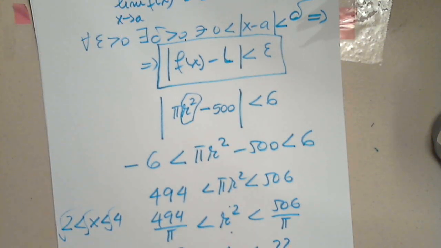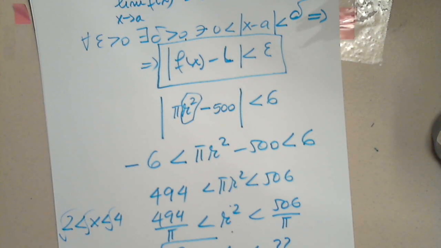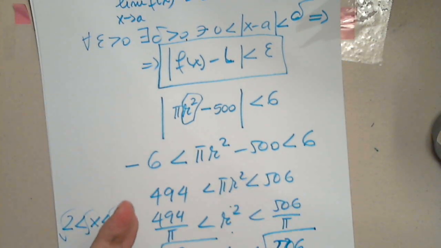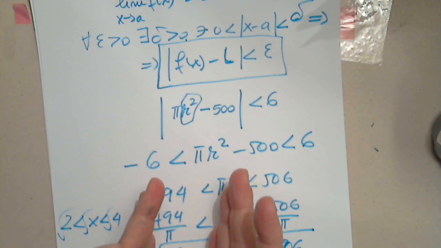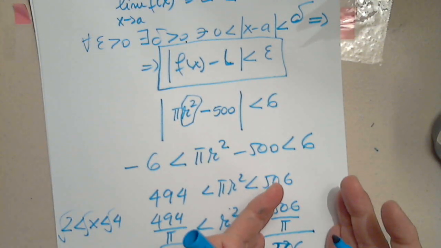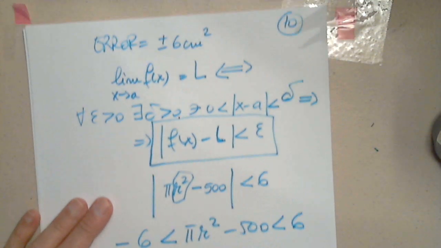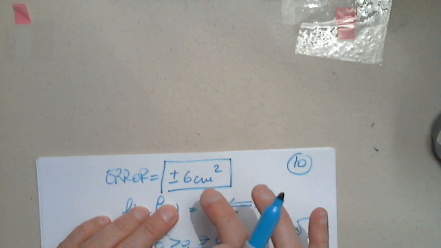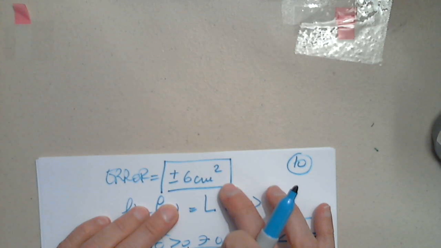So this side will be the square root of 494 over pi, and this one will be the square root of 506 over pi. This will be the smallest radius that I'm allowed to have, and this will be the largest radius that I'm allowed to have to guarantee that the error in the area is not more than 6 squared centimeters.